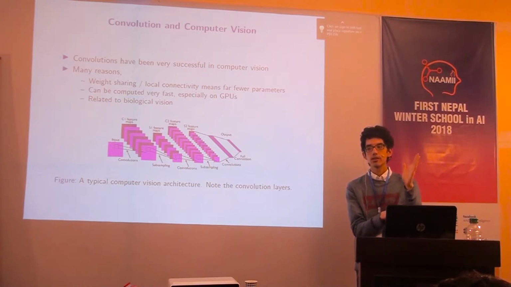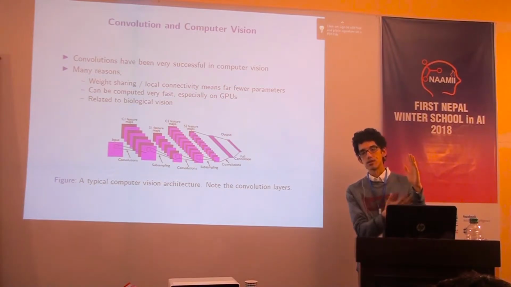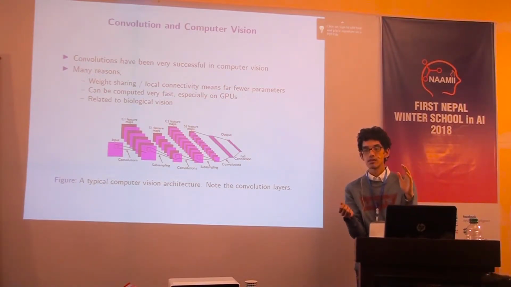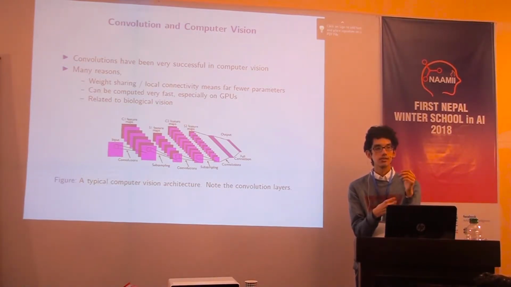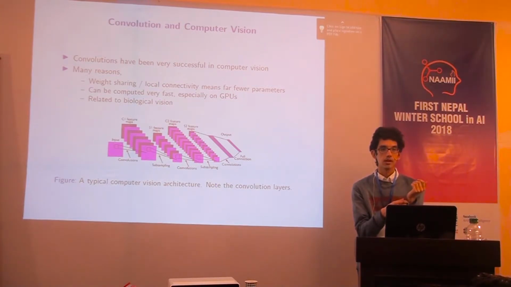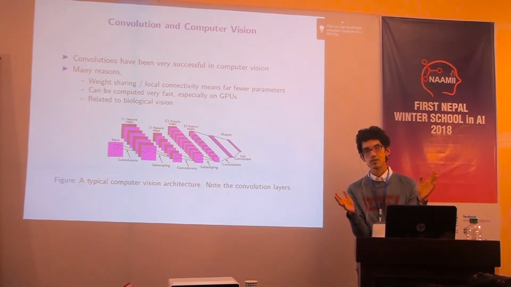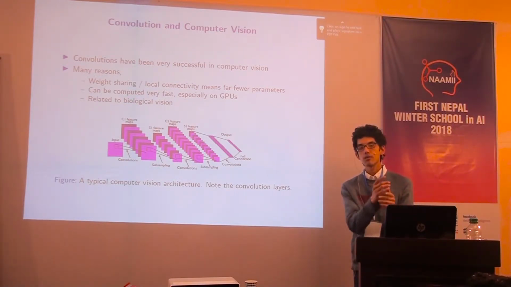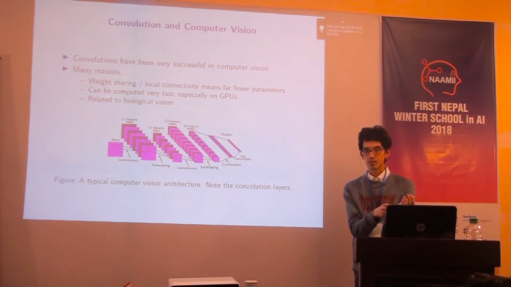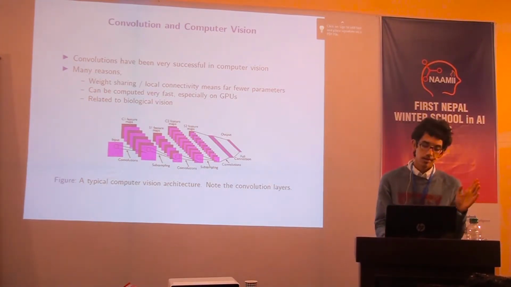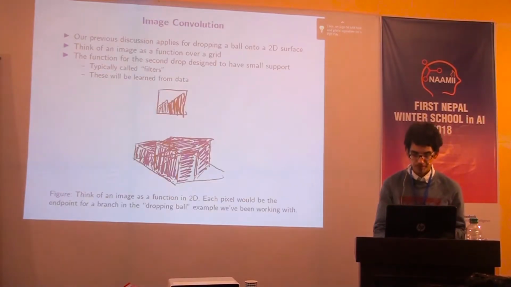When the edge is going in one orientation, a particular neuron always fires, but if you rotate it slightly, that neuron turns off and a different one fires. So there's this idea that in the brain, there are neurons whose job is to be sensitive to different orientations of edges. And an edge detector of a particular orientation is exactly the sort of thing that you would learn in a convolutional filter. So there's already some intuition that maybe trying to mix all these logistic regressions is overkill. Maybe all we need to parameterize is this sort of convolution operator. This is the biological plausibility.